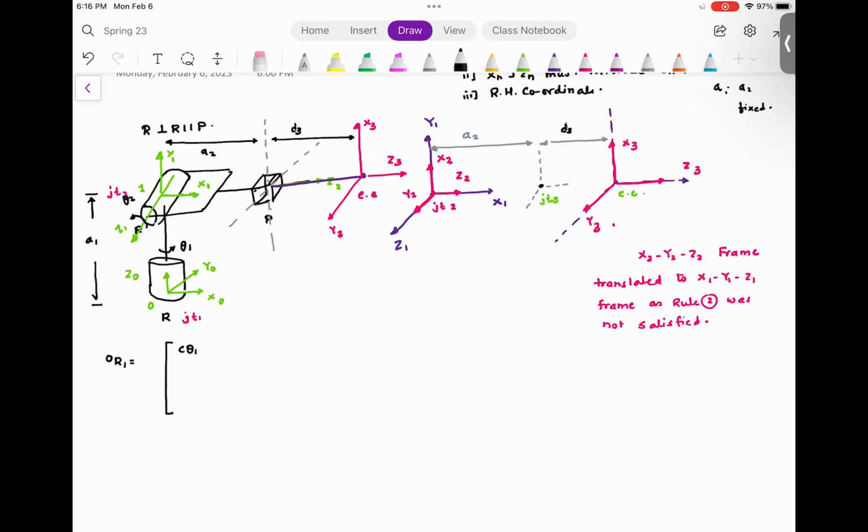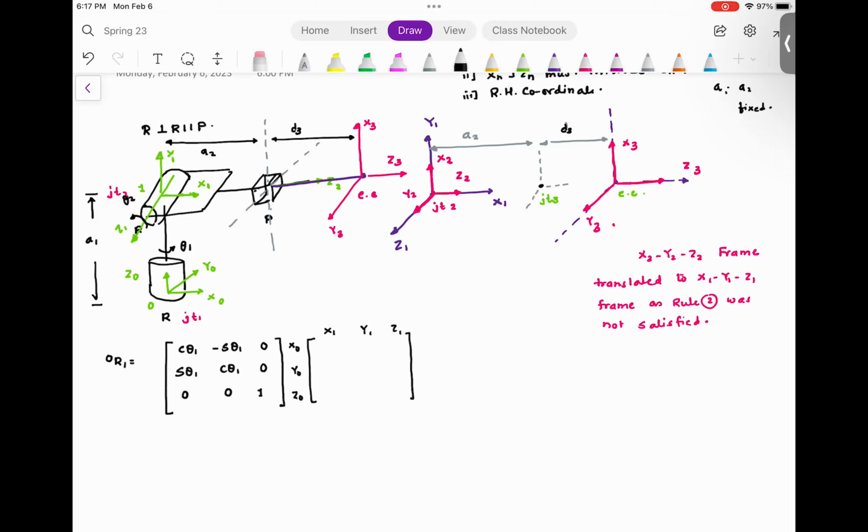So cosine theta 1, minus sine theta 1, 0, sine theta 1, cosine theta 1, 0, 0, 0, 1. And this is the rotation transformation. You need to have a projection matrix, and the projection is going to be x0, y0, z0, x1, y1, z1.